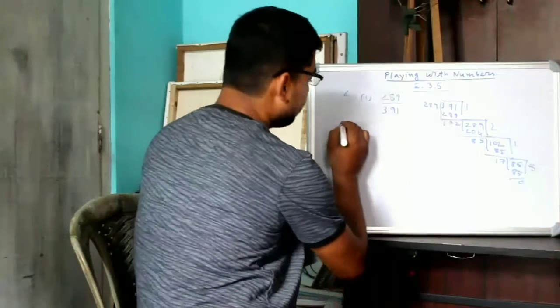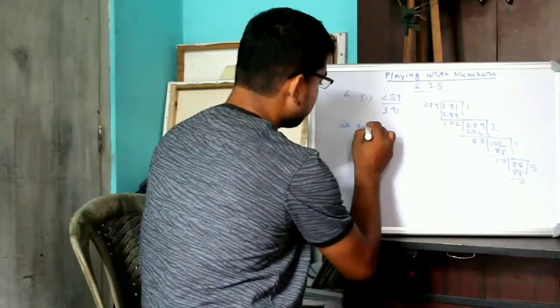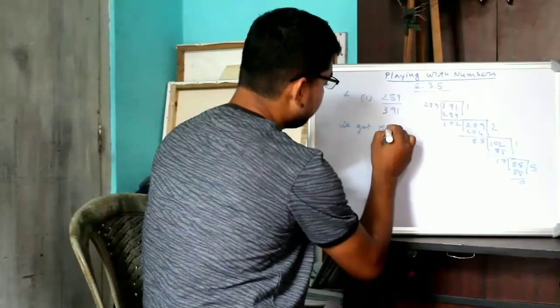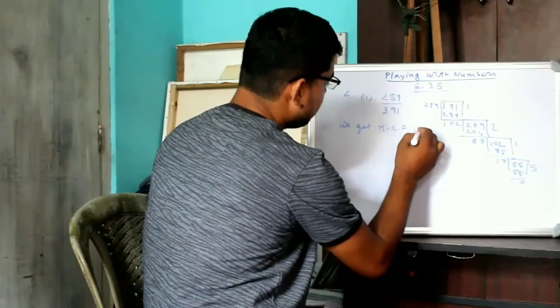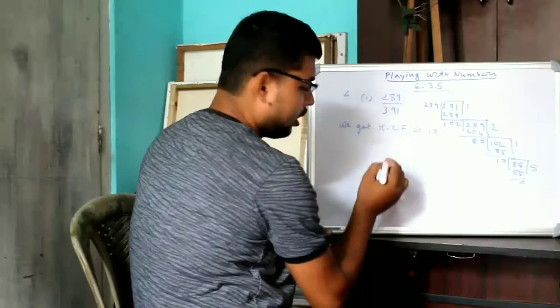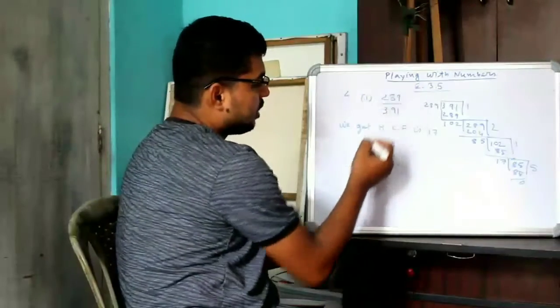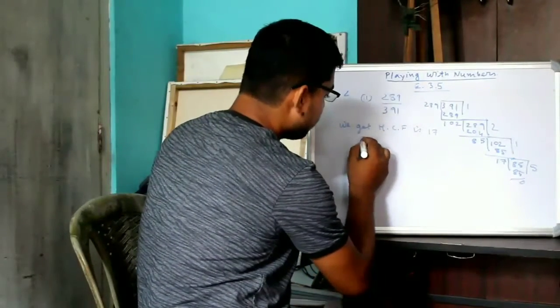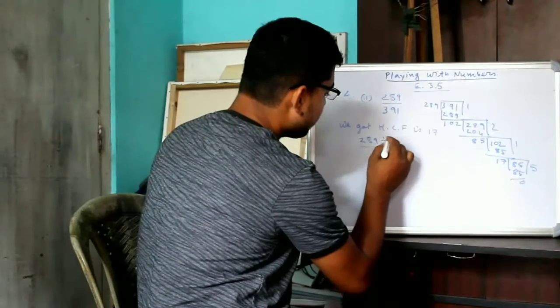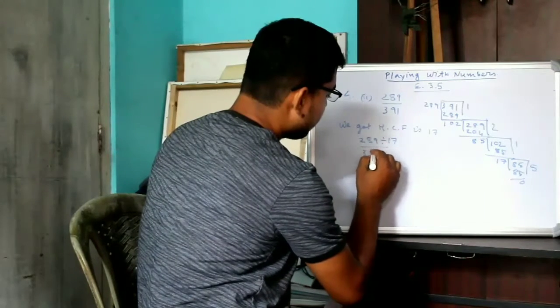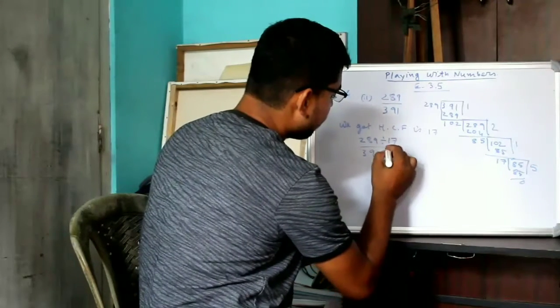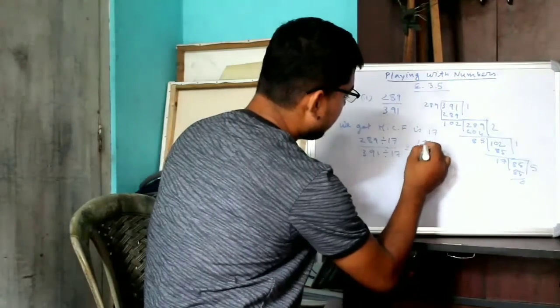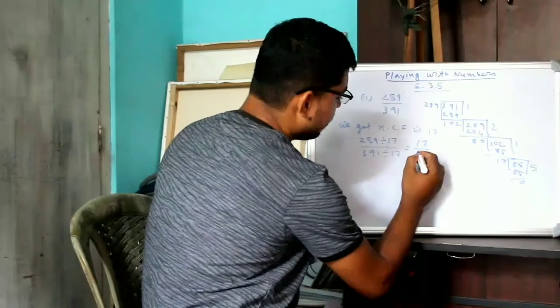So the HCF we got is 17. So if we divide 289 by 17 and 391 by 17, we get 17 and 23.